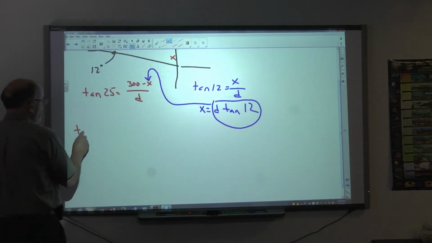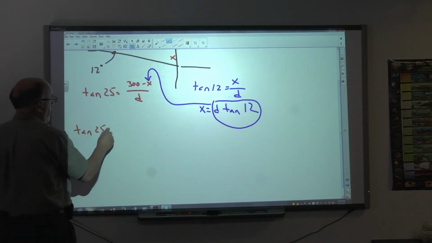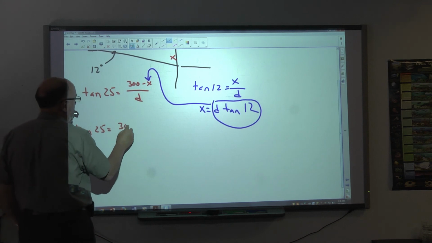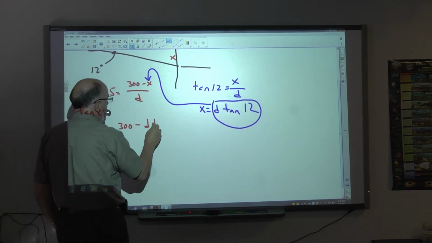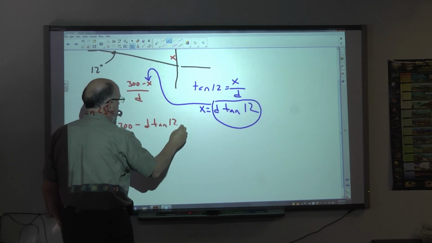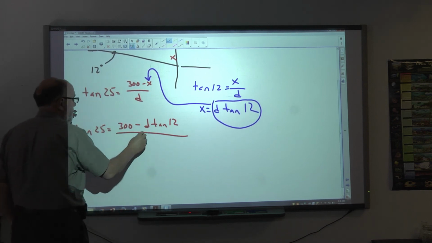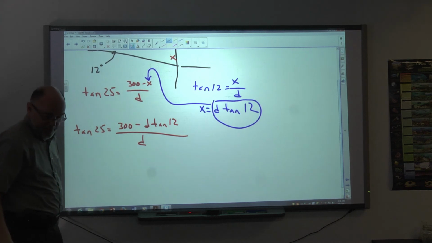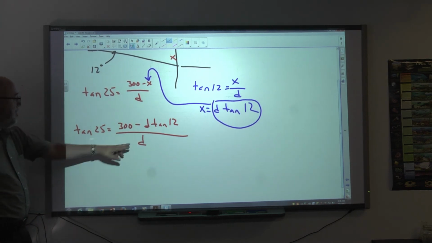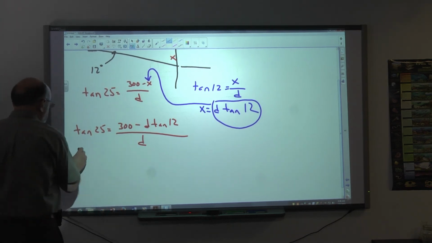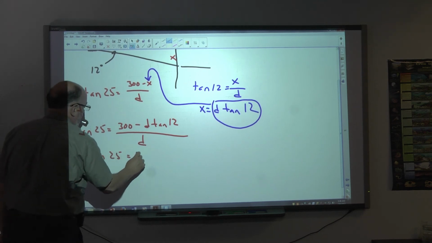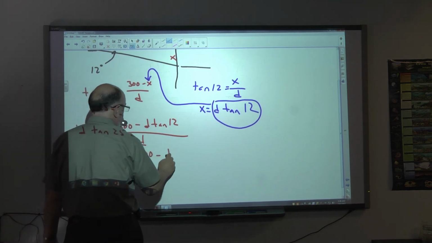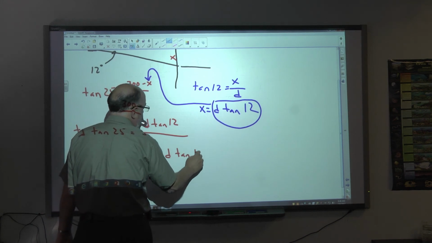So we get the tangent of 25 is going to equal 300 minus D times the tangent of 12, over D. Well, the opposite of dividing is to multiply. So D times the tangent of 25 equals 300 minus D tangent of 12.